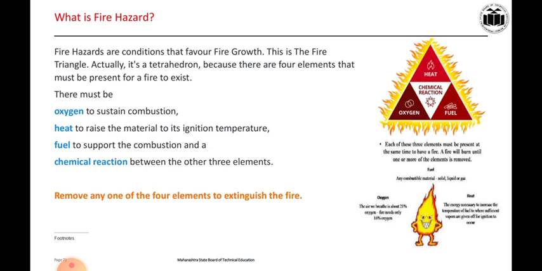There must be oxygen to sustain combustion, heat to raise the material to its ignition temperature, fuel to support the combustion, and a chemical reaction between the other three elements, that is, oxygen, heat and fuel. Fuel contains alcohol. Atmospheric air consists of oxygen, and because of the burning of fuel in the presence of oxygen, there will be heat generation. This is the tetrahedron. Remove any one of the four elements to extinguish the fire. This is nothing but the fire hazards.